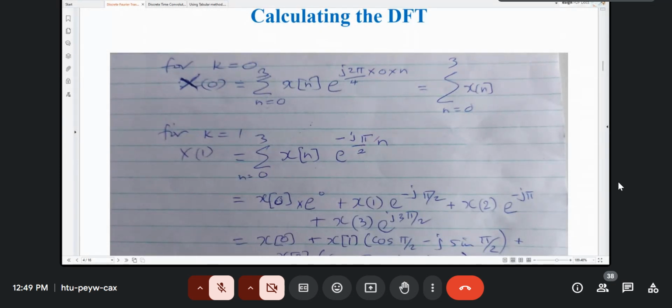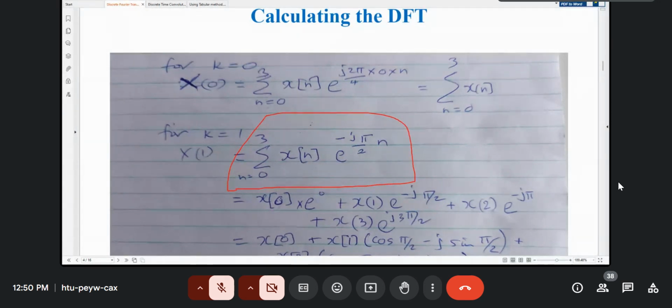Remember, this was supposed to be 2 pi k n over capital N. Because 2 over 4 is just 1 over 2, it becomes pi over 2, and k is equal to 1. So this is what X of 1 becomes.